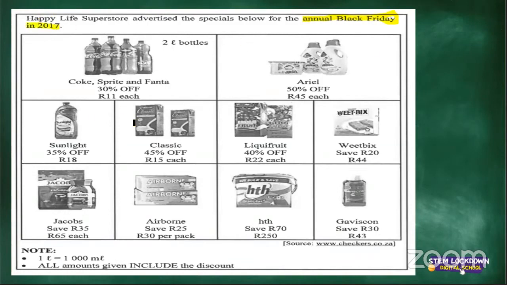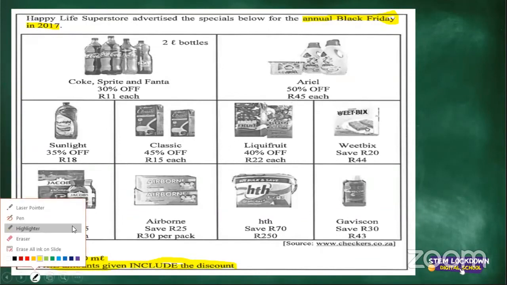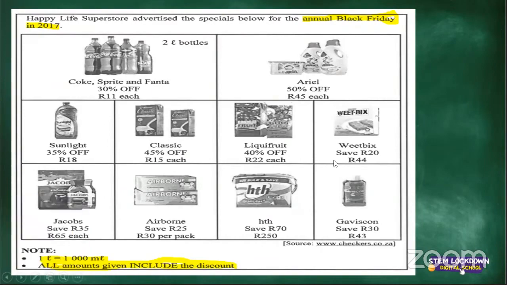These items shown here are the items on sale. The note beneath says 1 liter is equal to 1,000 milliliters. And there's also one that states that all amounts given include the discount. So it means the prices we see here are inclusive of the discount. Now we will get on to answering the questions that follow.